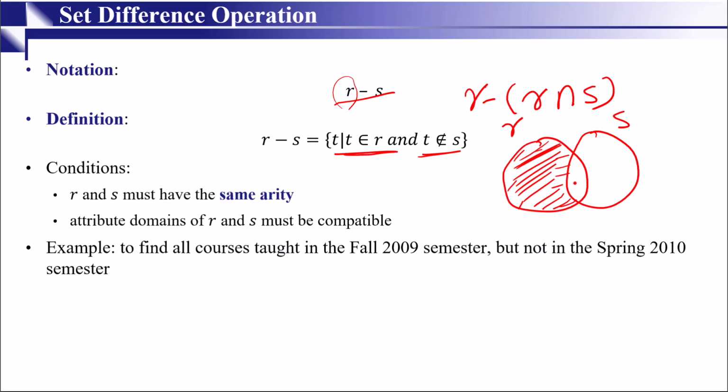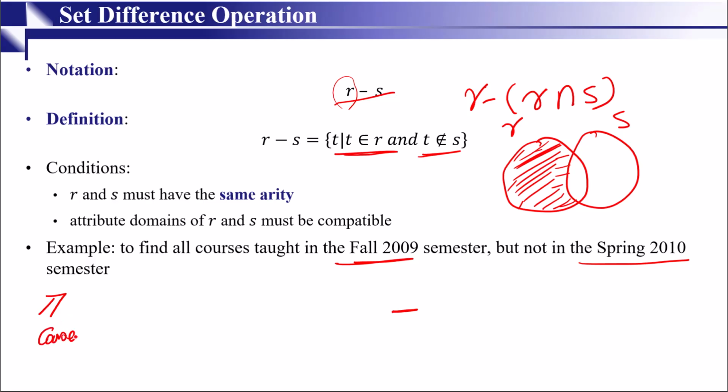For example, find all courses in fall 2009 but not in spring 2010. The same thing, right? Pi. This time we use minus, and the other things are the same.